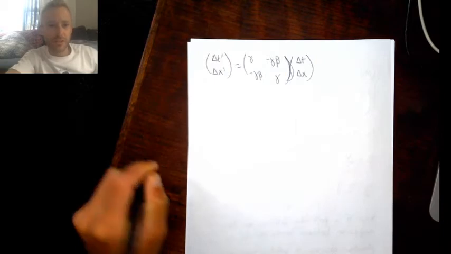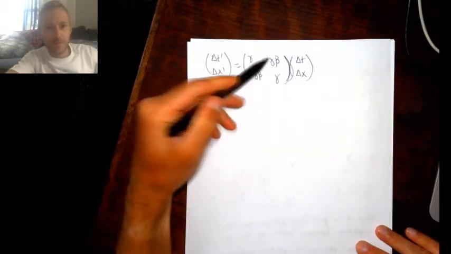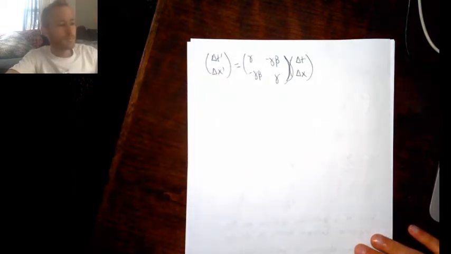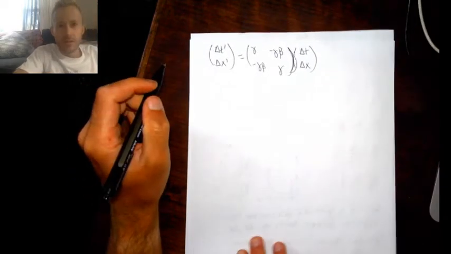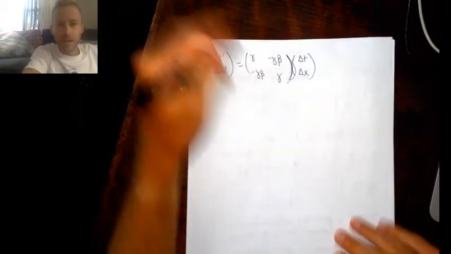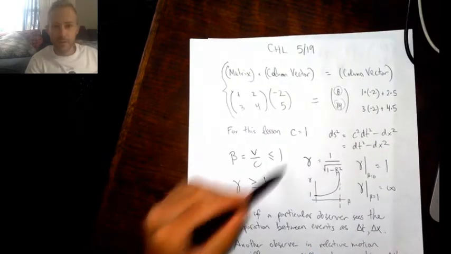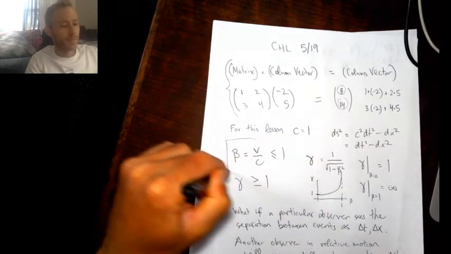Okay, so see how that's a nice matrix. So gamma and beta are defined by these formulas right here.